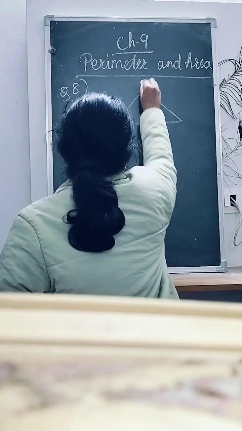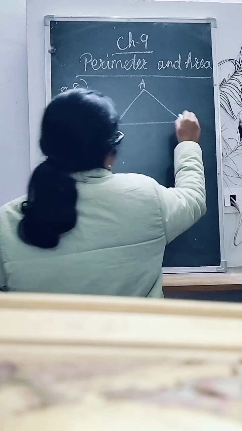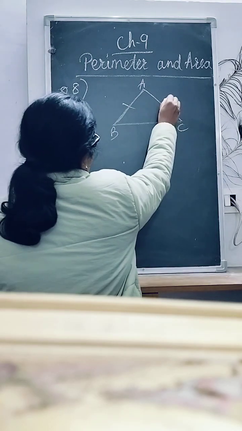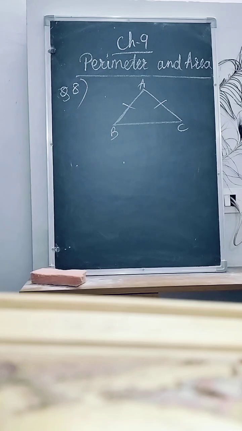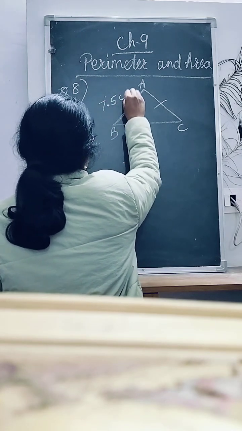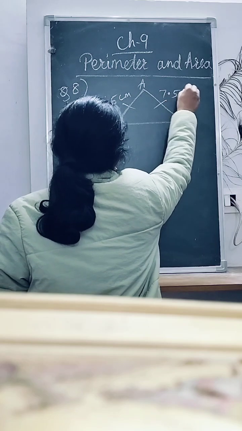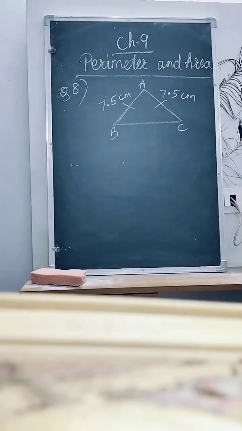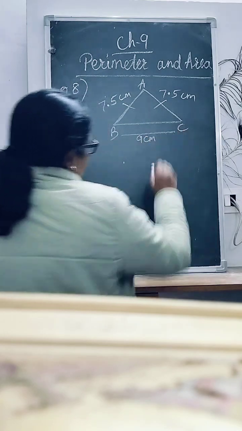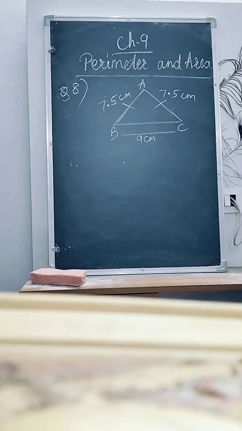ABC is an isosceles triangle with sides AB and AC both the same. AB and AC are both 7.5 centimeter. Both are of the same side, 7.5 centimeter. BC is 9 centimeter. This whole.